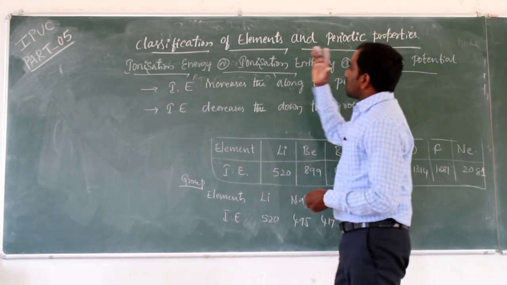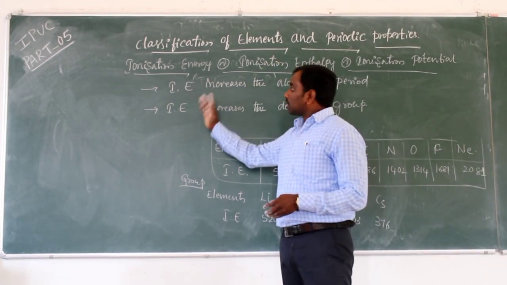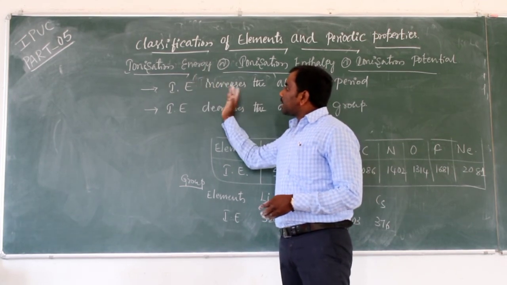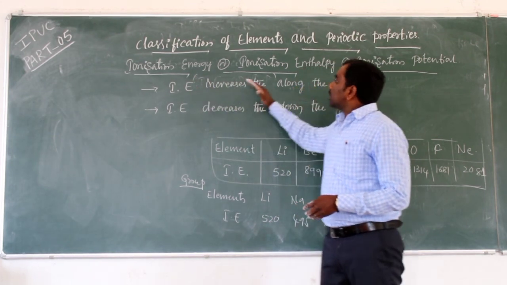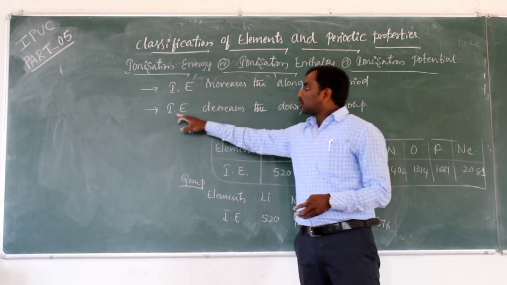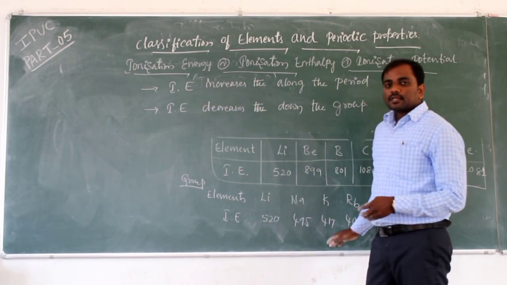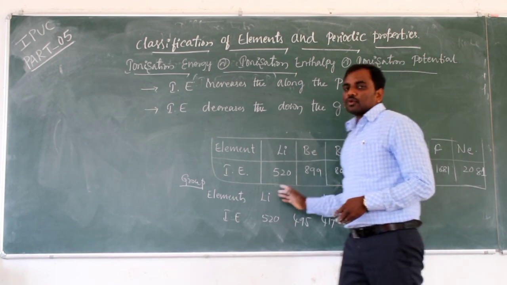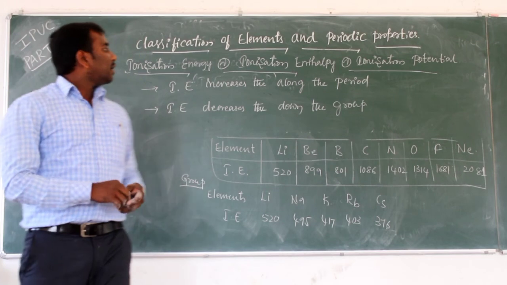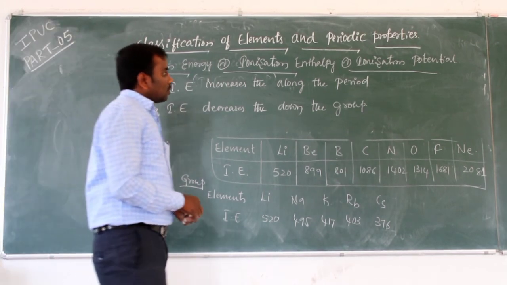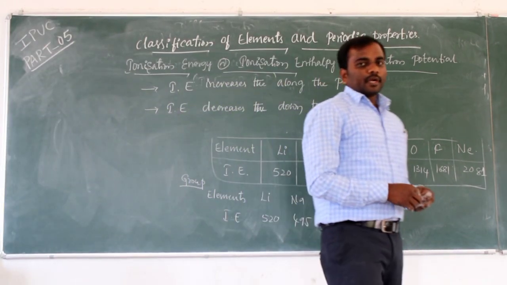Along the period this ionization energy increases, and down the group it decreases. Okay, this is about the ionization energy and ionization potential for the periodic table.